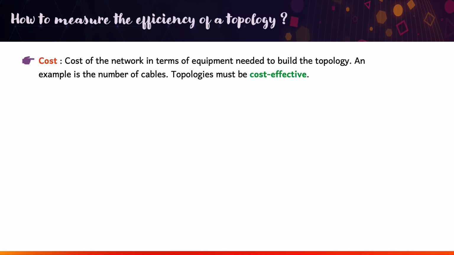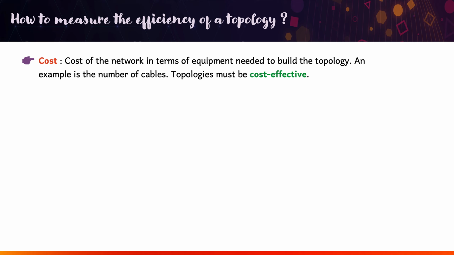The first one is cost. Obviously, the cost is a very primary driving factor. How do we determine the cost of a network? The network has, let's say, 10 computers, but the computer cost is not part of it, because the computers are to be connected in one topology or the other.